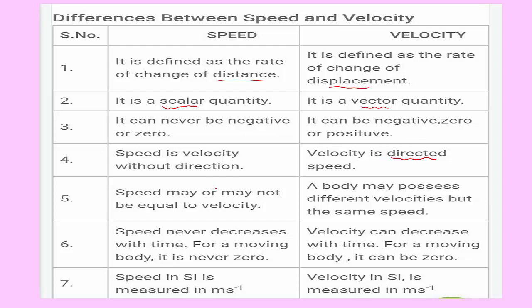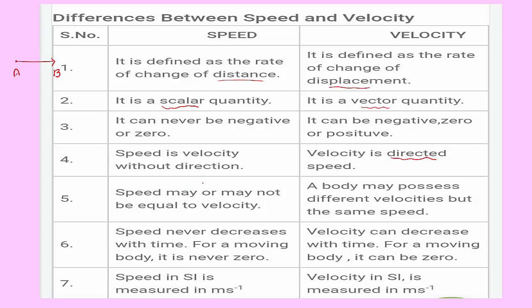Then the fifth point, speed may or may not be equal to velocity. Sometimes speed and velocity are equal, only when both have the same direction. For example, the object is moving from point A to point B in the east direction.